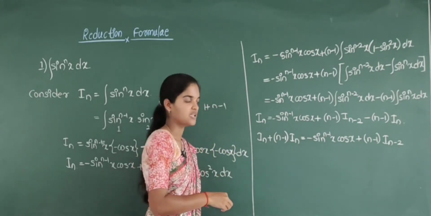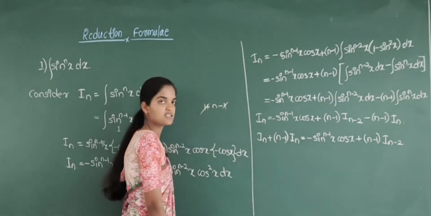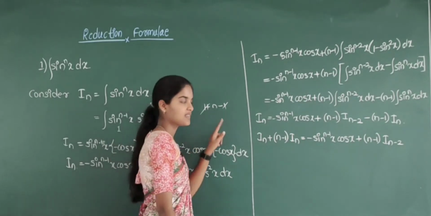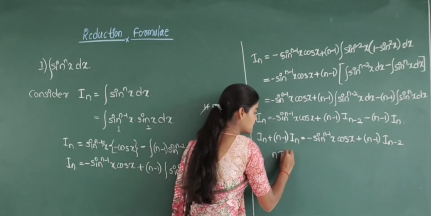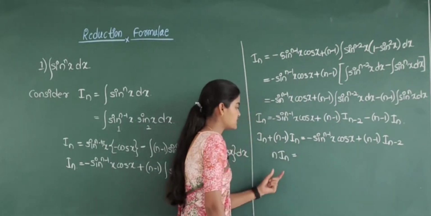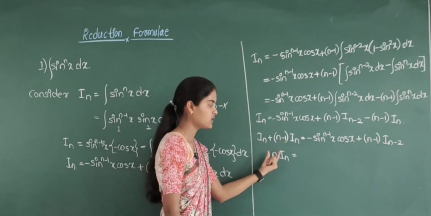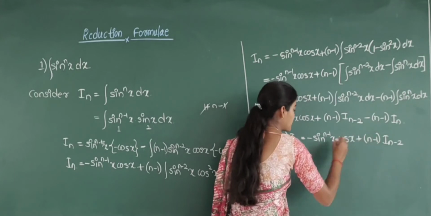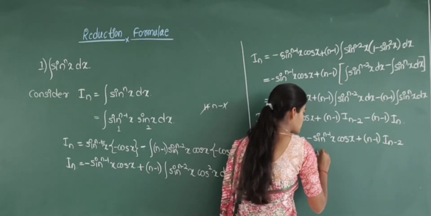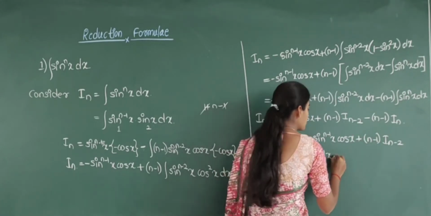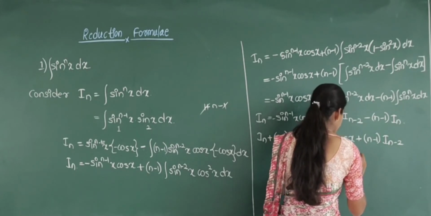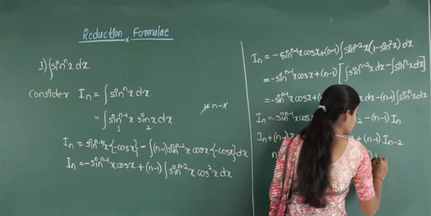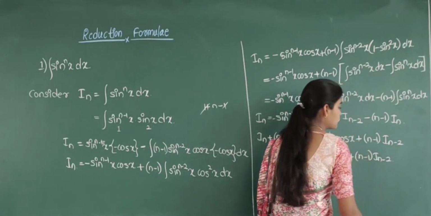Then 1 and 1 cancel, only n remains, which I can write as n into IN. This is the simplified form. So n into IN is equal to minus sine raised to n minus 1 into x cos x plus n minus 1 into IN minus 2.